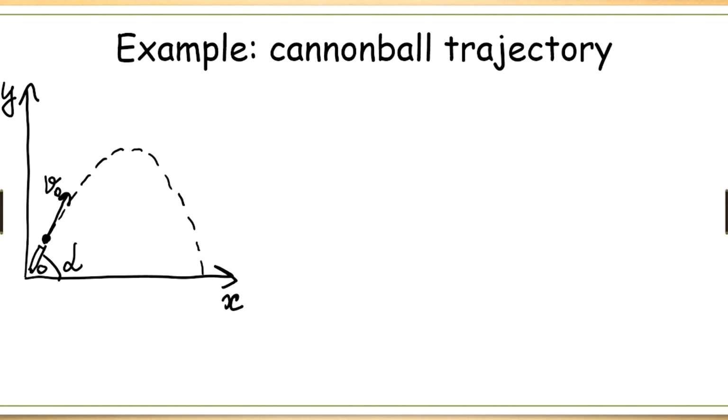Let's neglect its curvature and say that it's flat, as an approximation. And let's also introduce a system of coordinates x and y, with the origin exactly at the point where the cannon stands. So the cannonball will follow some trajectory and will eventually fall down onto the Earth surface.